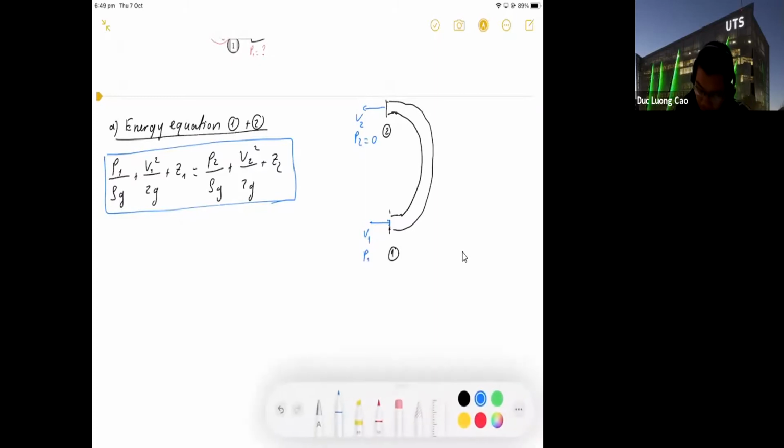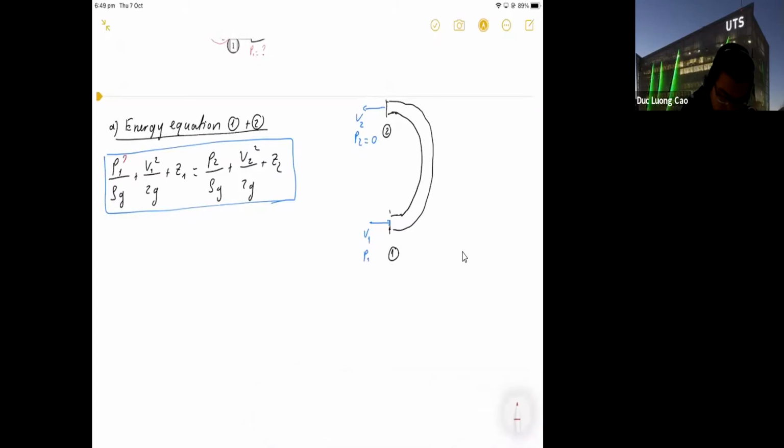This is the Bernoulli equation, or energy equation, between point 1 and point 2. P1 is what we have to find. P2 is 0, atmospheric pressure. How about V1 and V2?